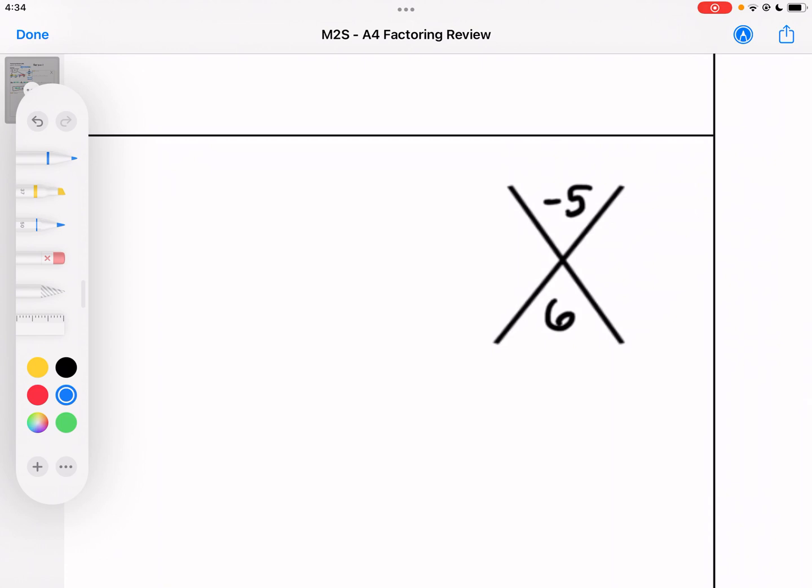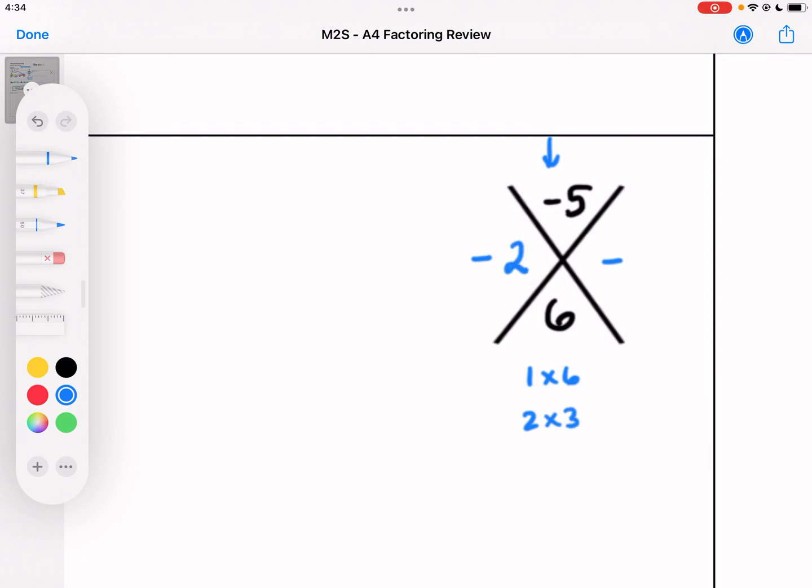Now we have negatives. Negatives means you have to start thinking about how each number works. We are trying to find two numbers that multiply to 6. So in order to get a positive 6, you either have to multiply two positive numbers together or two negatives. Well, since this top number is negative, we know both of the numbers will be negative. And remember, the only numbers that multiply to 6 are 1 and 6 and 2 and 3.